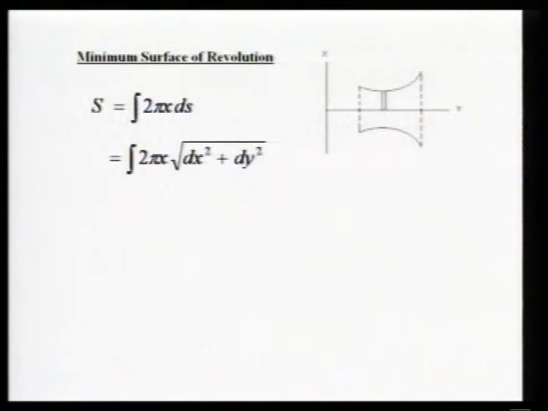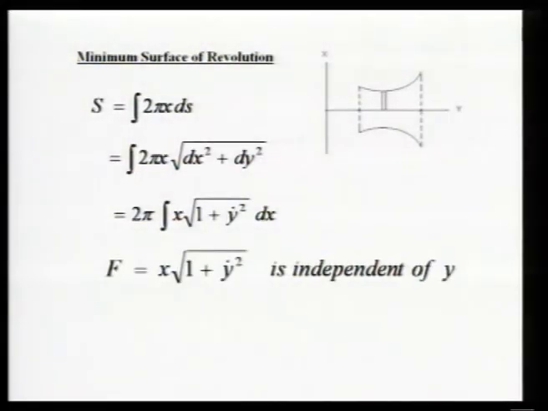For ds, we substitute as usual the square root of dx squared plus dy squared, and replace it by the square root of 1 plus y dot squared, times dx. So our function is x times the square root of 1 plus y dot squared. And see that this is independent of y.